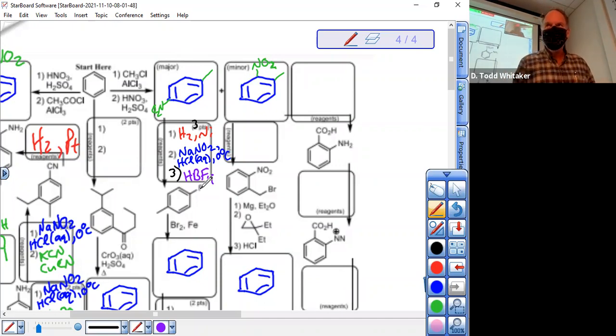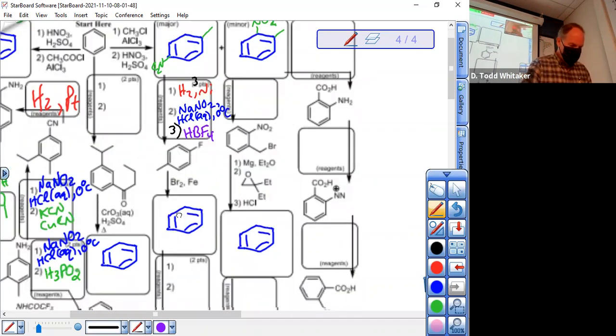You can't put another group para. Don't be doing that. You get octet violations. A little late in your careers to be getting octet violations, I hope. So you have to go ortho. So you got your methyl, you got your fluoro, and your new group, ortho to the methyl, is a Br.